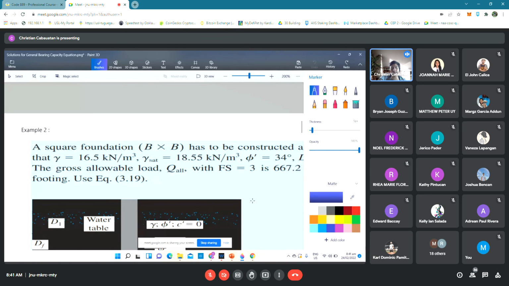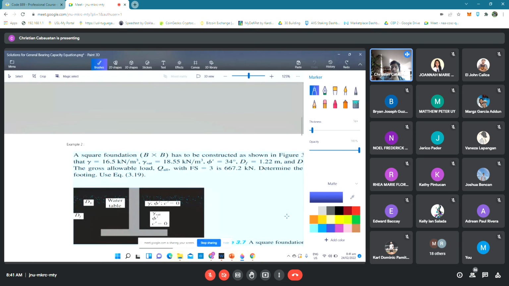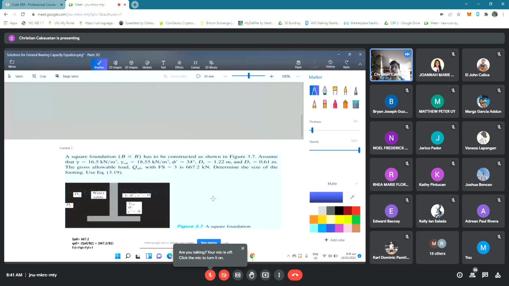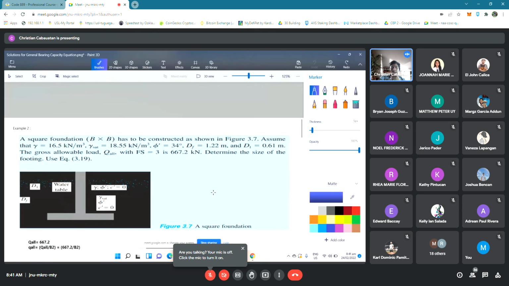Okay, thank you, Mr. Pamitan. For this one, we are obliged to design for a specific footing. So we would determine the size of its footing. Binigay naman na yung data niya: yung kanyang Q allowable, the depth of the footing, the saturated weight.